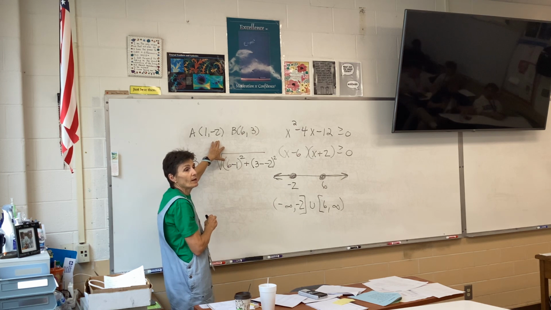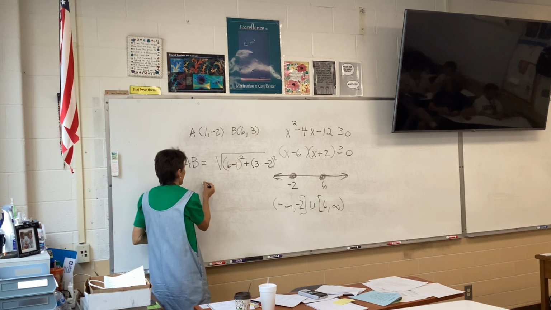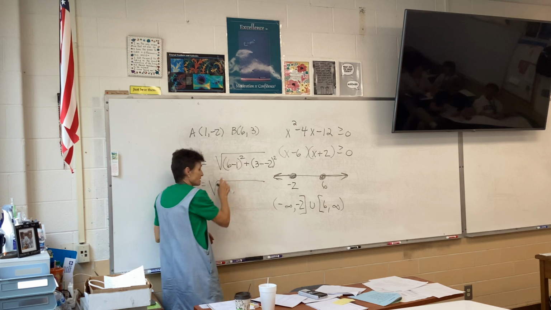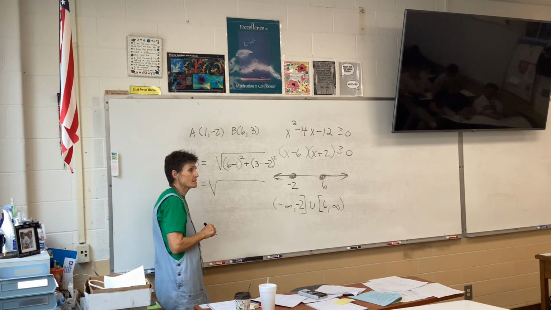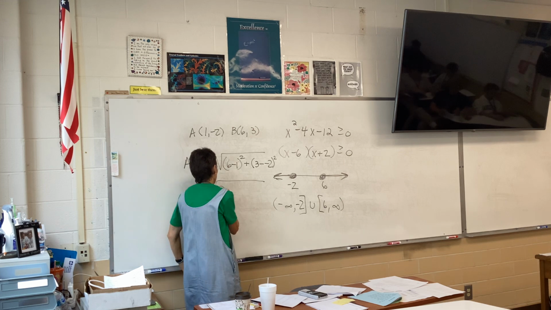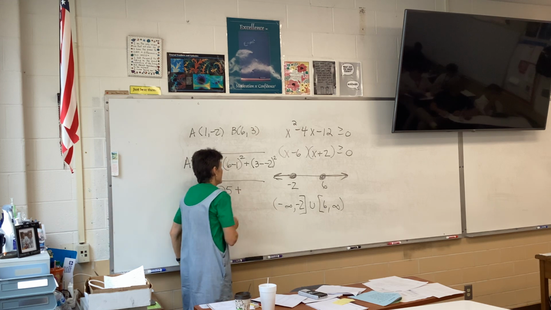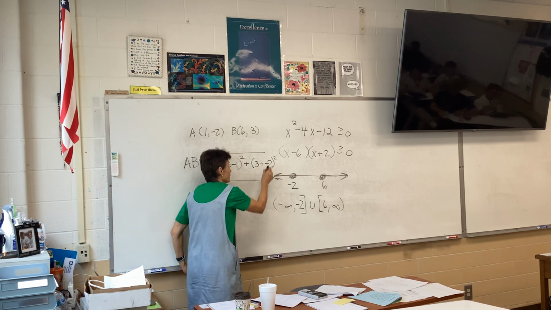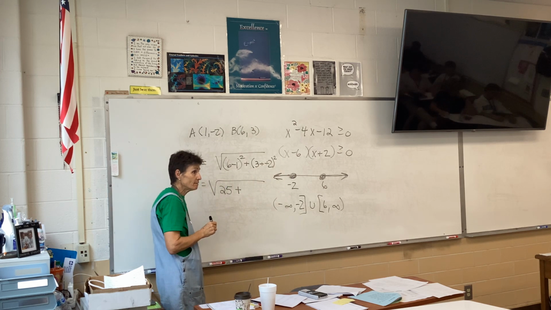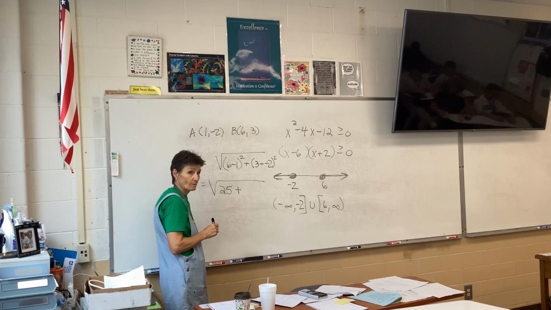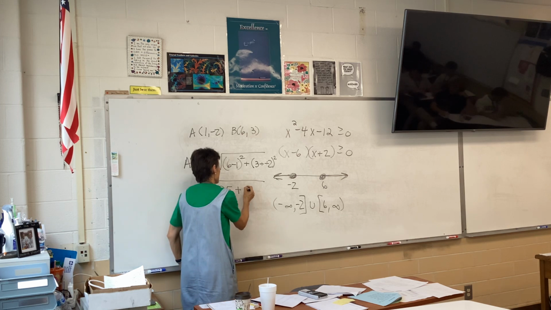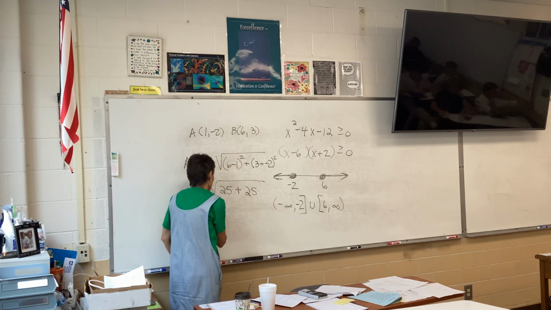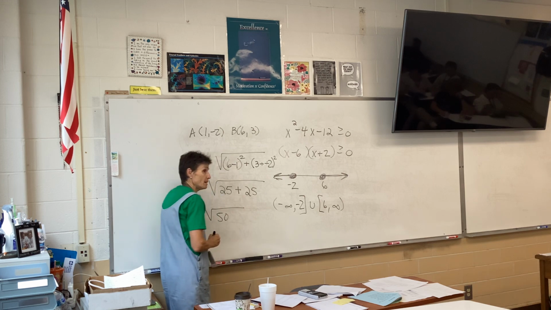Alright, so here we go. 6 minus 1 is 5, and 5 squared is 25. 3 minus negative 2 would be 5 again, right? Squared is another 25, so I have the square root of 50.